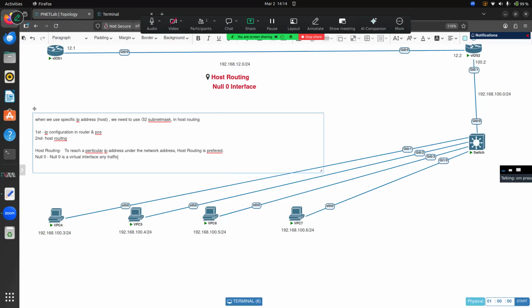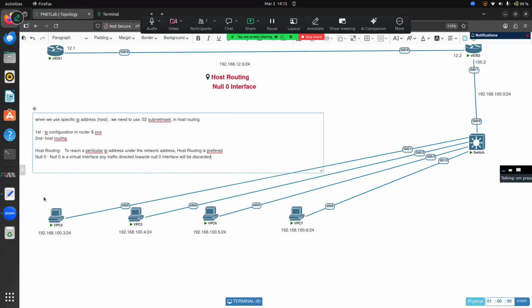Any traffic directed towards null zero interface will be discarded.